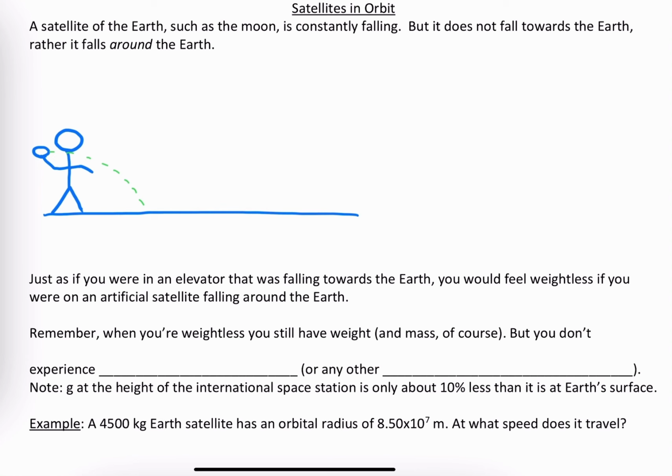And then let's say you throw it a bit harder. You pick it up again, you throw it a bit harder. This time, maybe it does something like that. And then you throw it even harder. And this time the ball goes more like that.